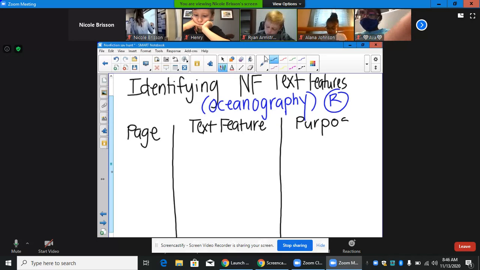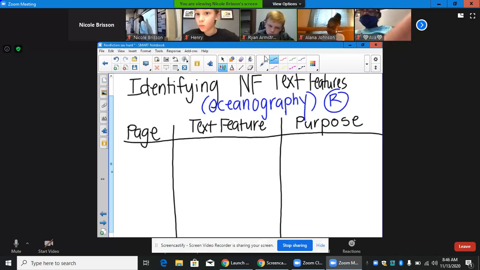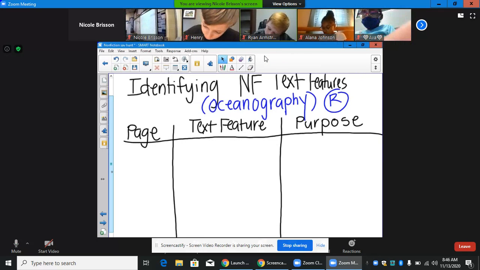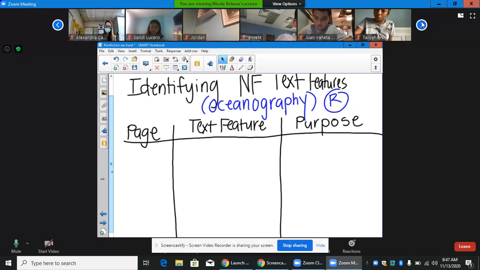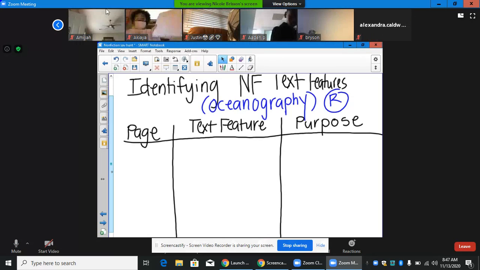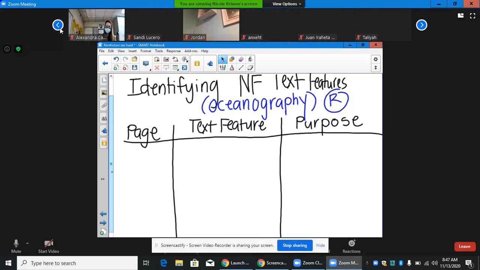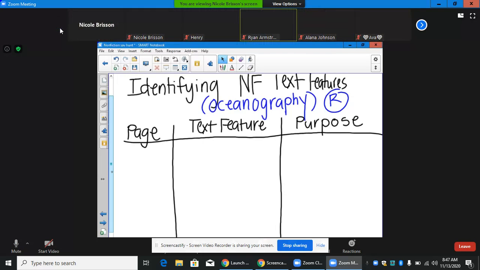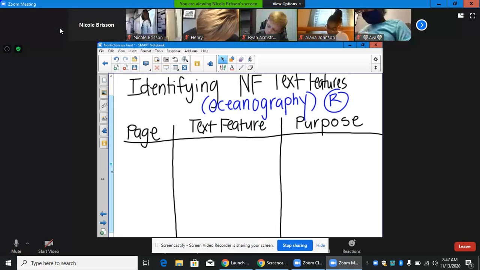Those are my 3 columns. I'll give you a minute to get that down. How we doing so far, my friends in class? How we doing so far, my friends at home? Getting this chart down? Good. That's text feature with an F.